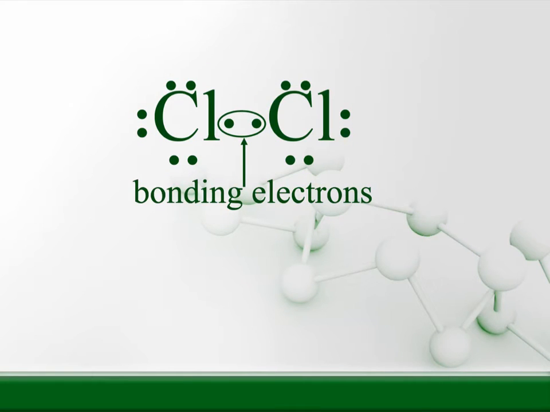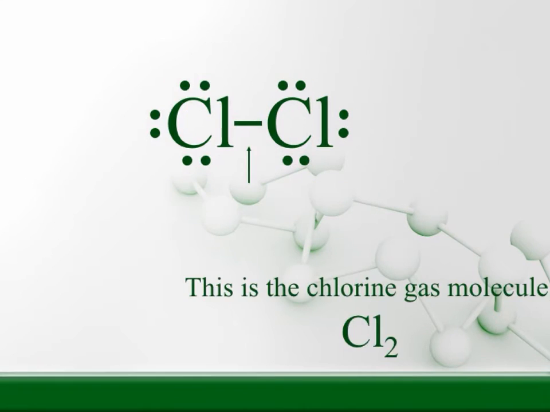And we call the shared pair of electrons between them bonding electrons. And we're going to replace the dots in our Lewis structures with a dashed line to represent those bonding electrons. So these are shared paired electrons, and this becomes the chlorine gas molecule Cl2 when bonded.